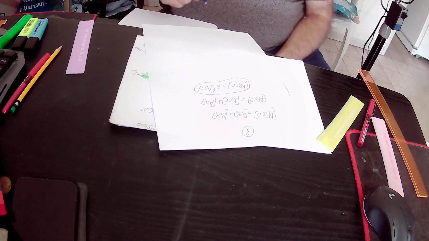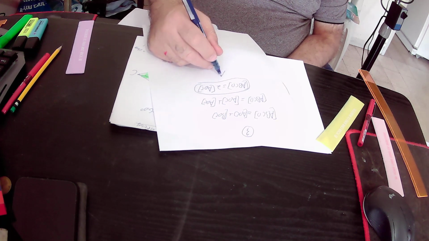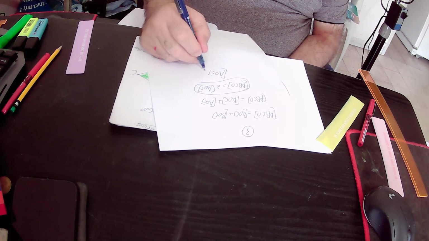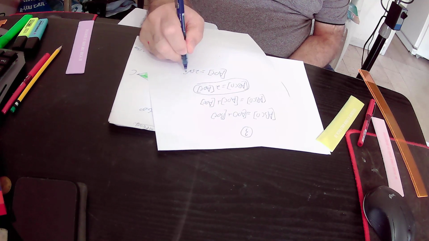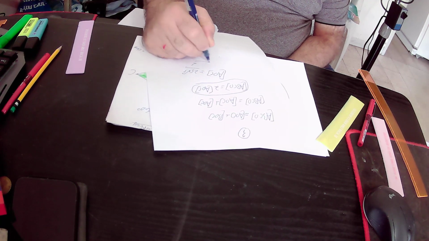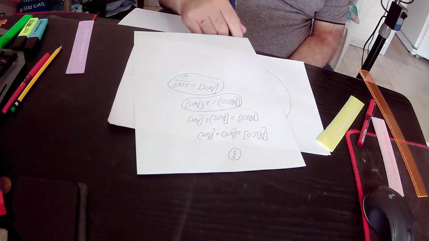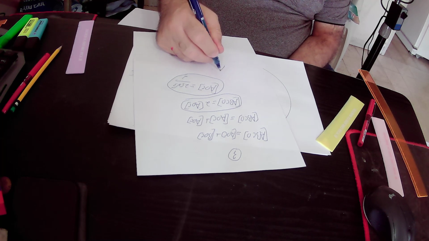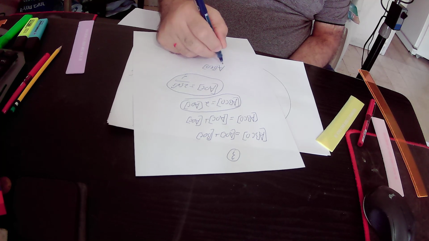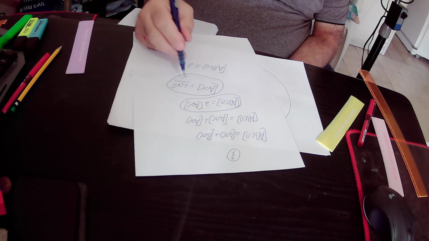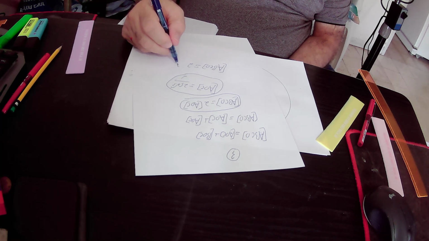But we have already found out that the area of triangle AOC equals 25 times root 3 over 2 square units. So we can write down that the area of quadrilateral ABCO equals 2 times the area of triangle AOC, that equals 2 times 25 times root 3 over 2.